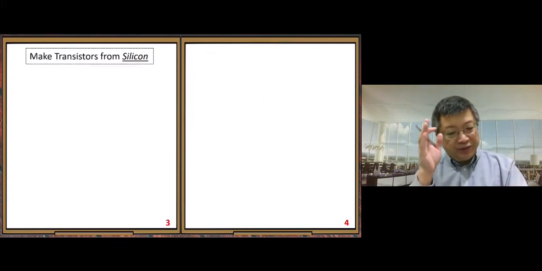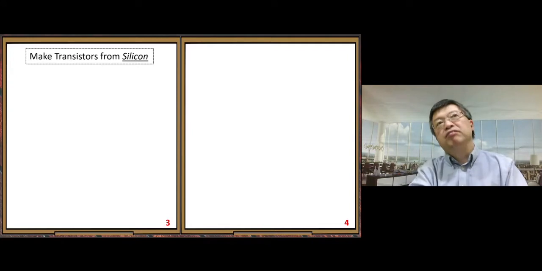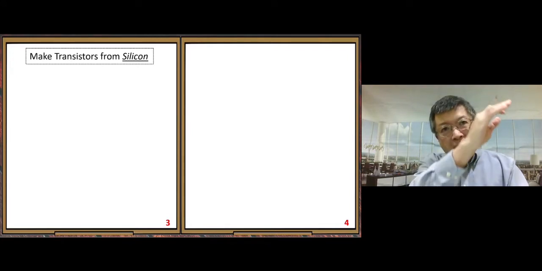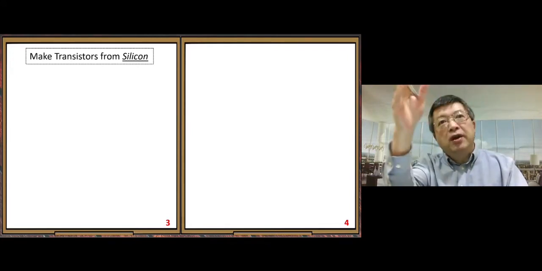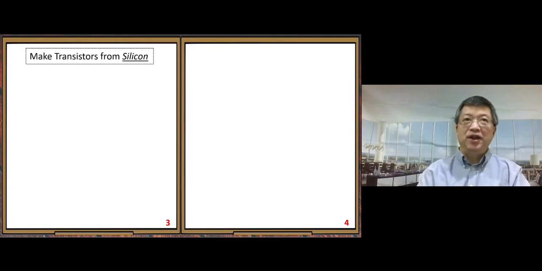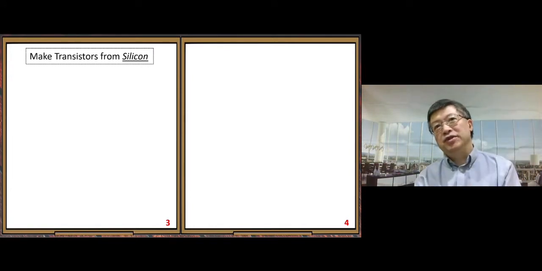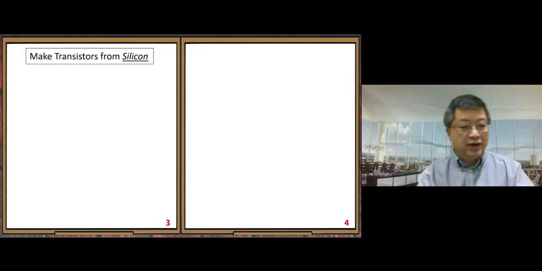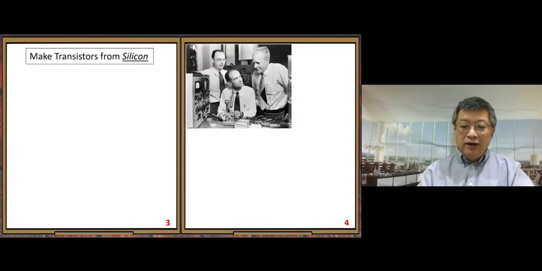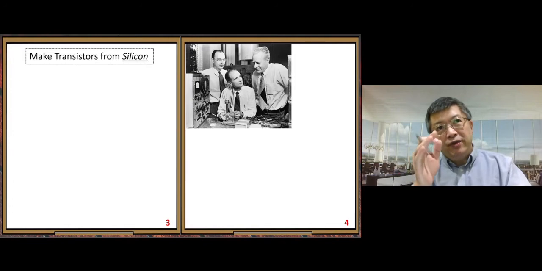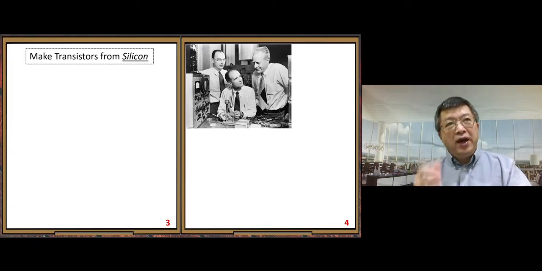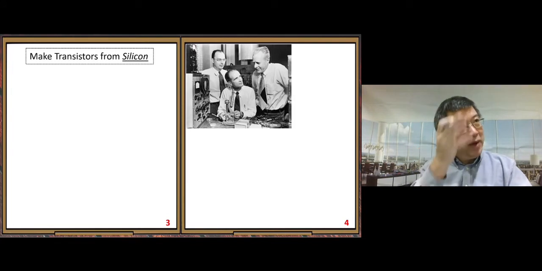All right, next. Now we want to look at the step of making transistors from silicon. Here, silicon is very special, so we want to understand this part. First, these three scientists invented transistors at Bell Labs in 1947.